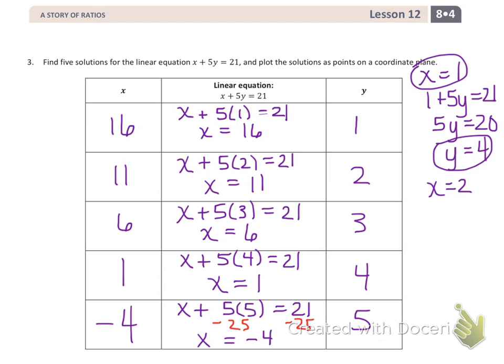If x is 2, then we would have 2 plus 5y equals 21.